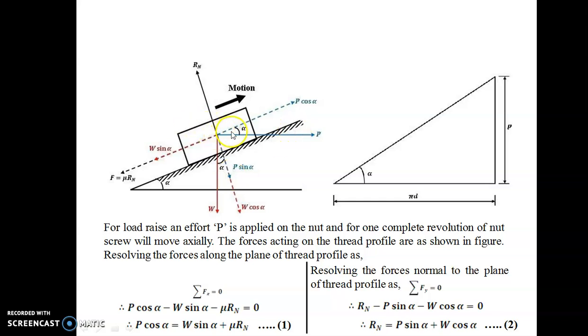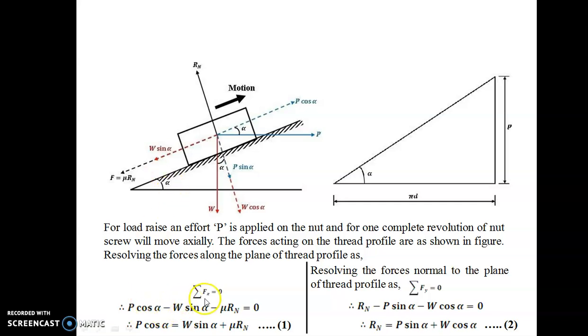Now, in this case, first we will see summation Fx is equal to 0. P cos alpha is acting in the rightward direction, so it is positive, and mu Rn and W sin alpha are acting in the opposite direction.